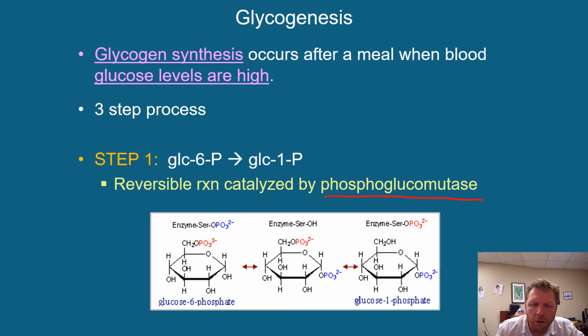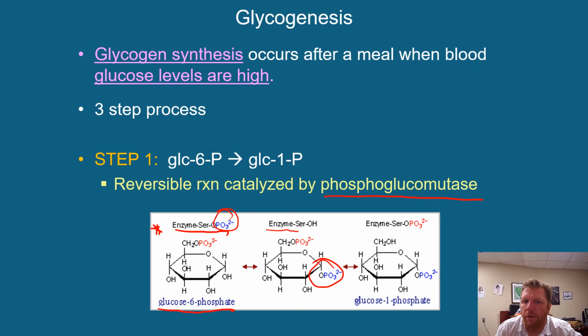So if you look in our first step, glucose 6-phosphate, our enzyme is phosphorylated at a serine residue. Our sugar is also phosphorylated. When that's the case, our phosphate is transferred from our enzyme onto carbon number 1 of glucose.